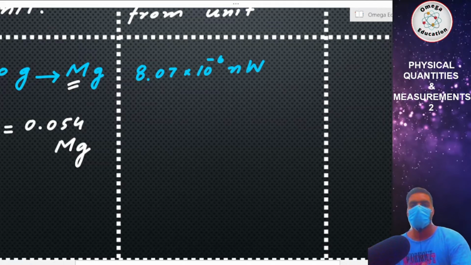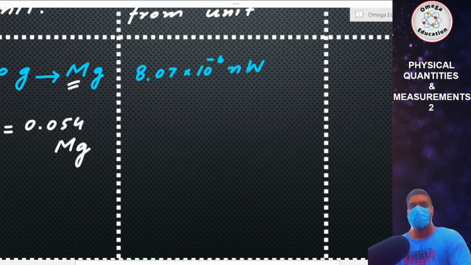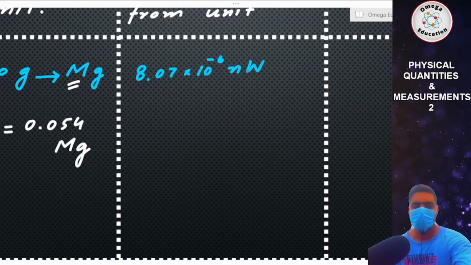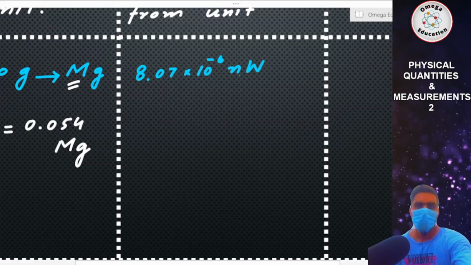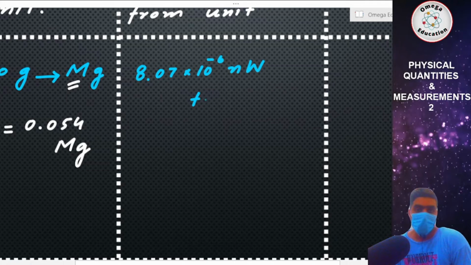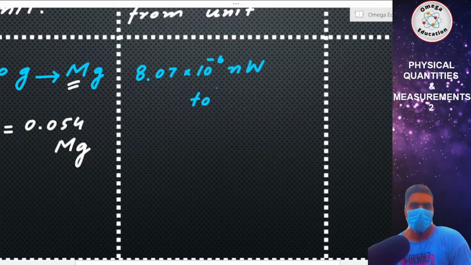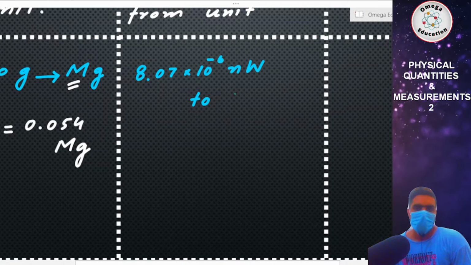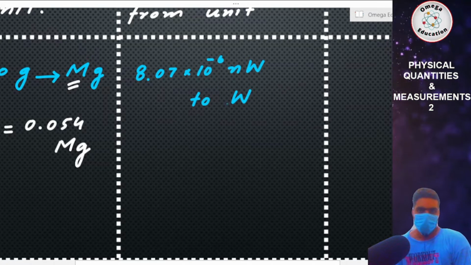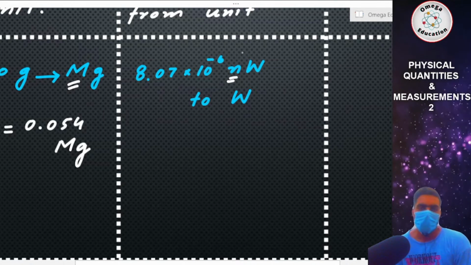It is a unit of power that we study in upcoming chapters as well. So you need to remove the prefix from the unit, and you need to represent the physical quantity power from nanowatts into simple watts. Right? So once again, this prefix nano needs to be removed from here.